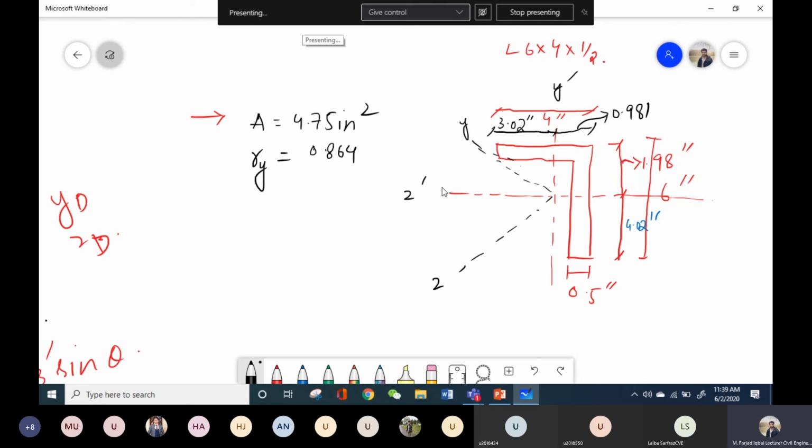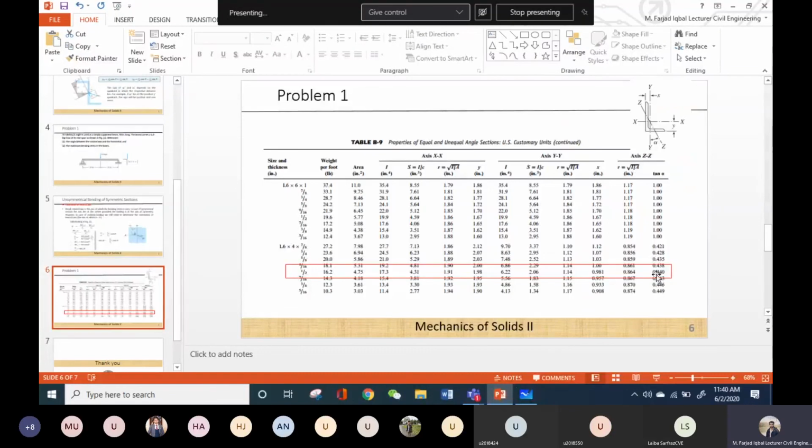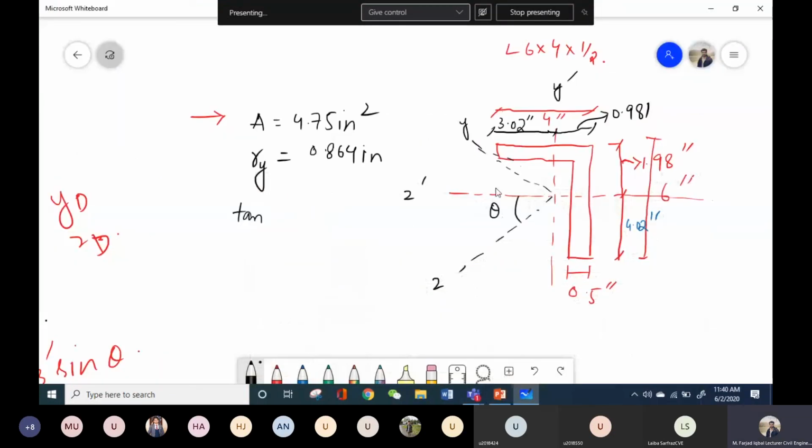So it's better that we follow the names as we did in our derivation to make things convenient for us. But you can obviously use any names, it doesn't matter. So the radius of gyration about this y-axis is given as 0.864, and tan alpha or tan theta, which is basically the orientation of the principal axis, is given as 0.440. So we should name it as tan theta, that is 0.440. Okay, now all these things I have got from the section table.